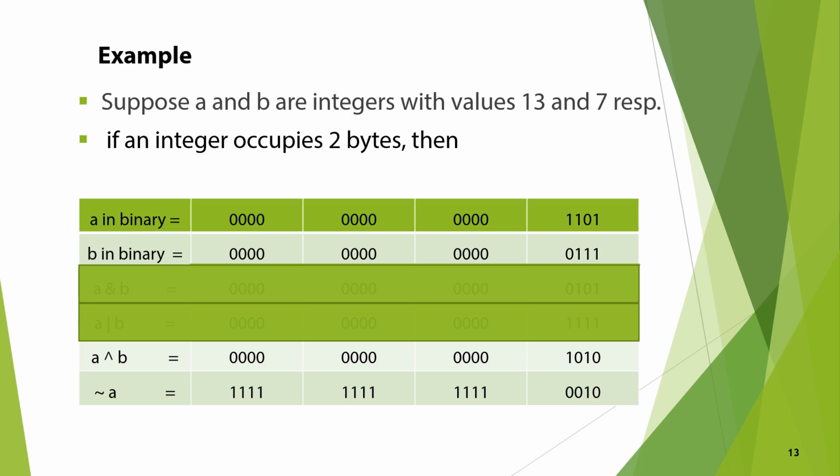Here we are using ones complement of A. Therefore only consider the value of A, that is 1101, and its ones complement is to replace every 1 by 0 and 0 by 1. Therefore the last 4 bits will be 0010, and then all leftmost zeros will be replaced by 1. So this is how we can use the operators.